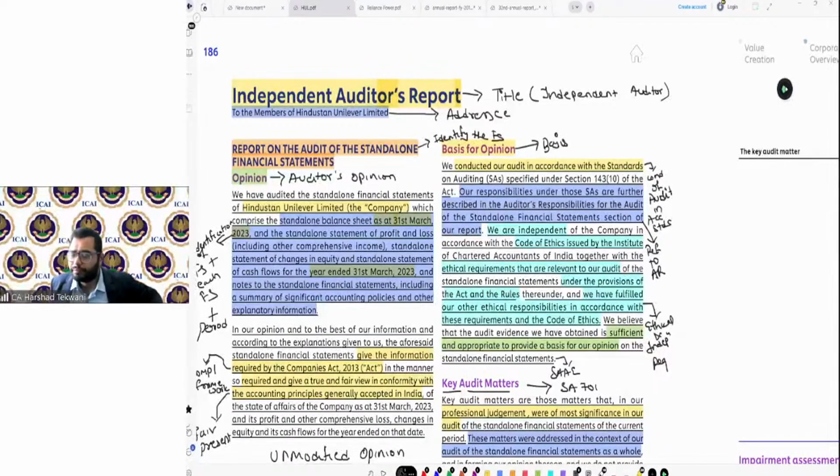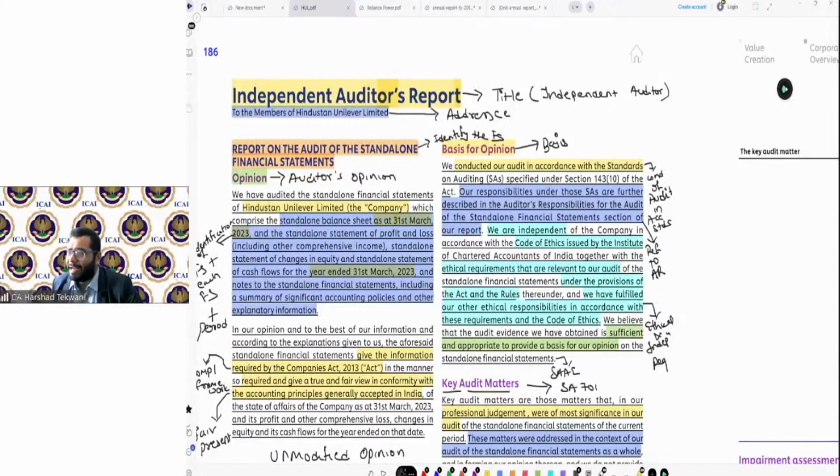Come on, guys. Am I saying this is comparative financial statement or corresponding figures? Very important.